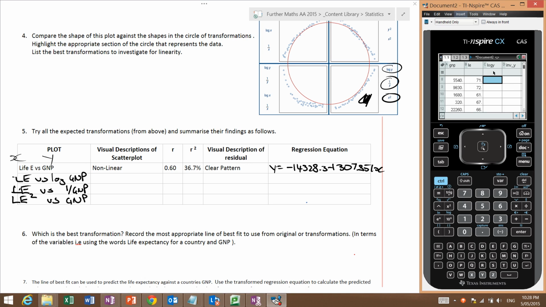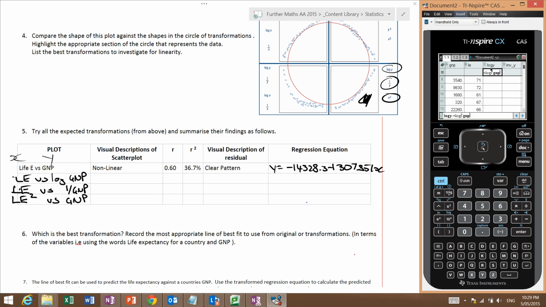We need to actually calculate these values. For our log GNP, which I've classed as log Y here, I'm going to go equals log, open brackets, and put the variable. What I'm looking for here is GNP.